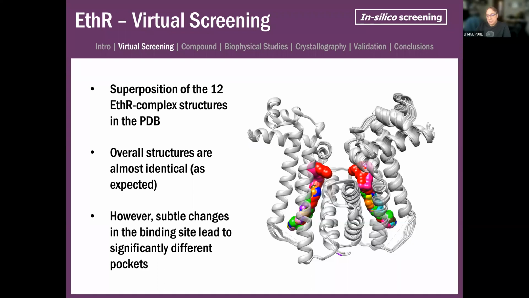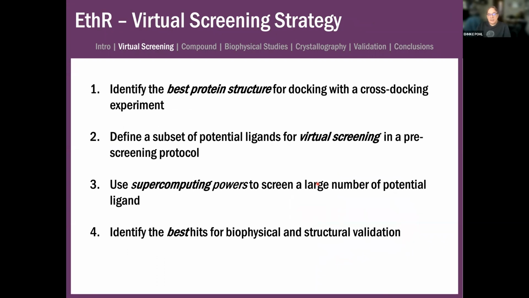So at this point, we have all these high resolution structures. How do we come to in silico screening as our next step? The basic idea was that rather than docking all of our potential ligands against 12 structures that might be very similar, which would be huge computational cost, we try to identify the best protein structure for docking using a cross-docking experiment.